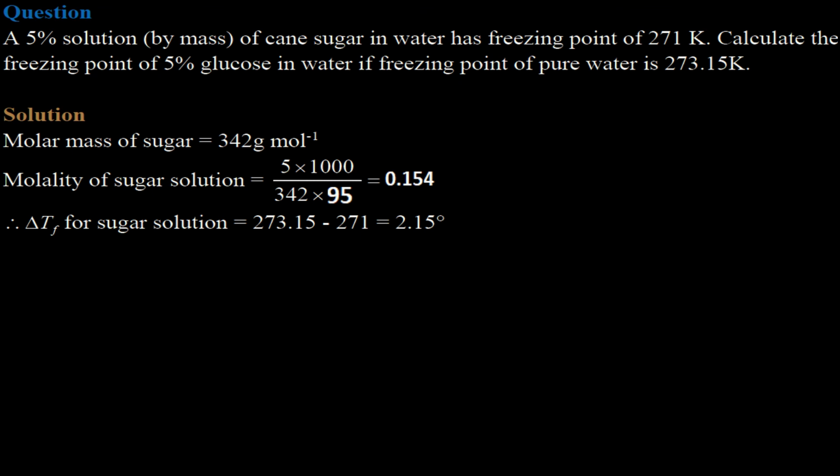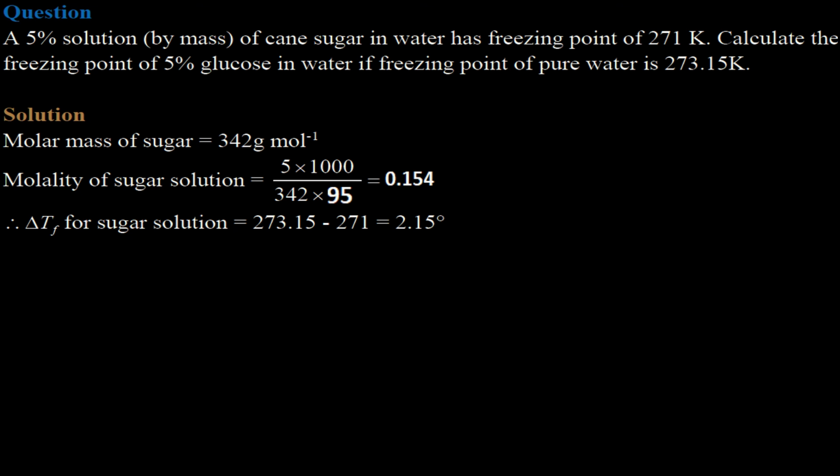So what is given here? The molar mass of the cane sugar is 342 grams per mole. Molality is the number of moles of the solute in 1 kg of the solvent. The number of moles of the solute is mass by molar mass. Here it is 5%, so 5 grams of cane sugar in 100 grams of the solution.